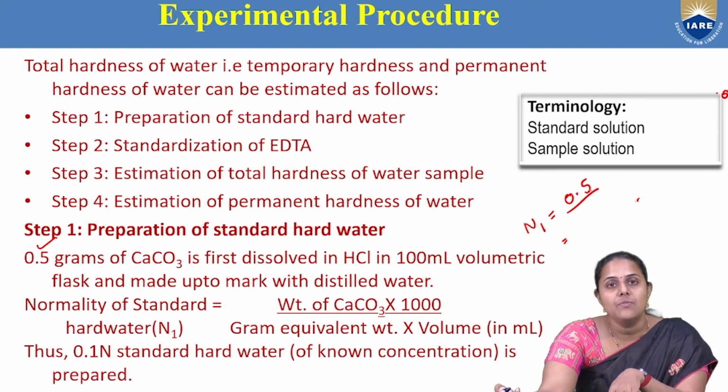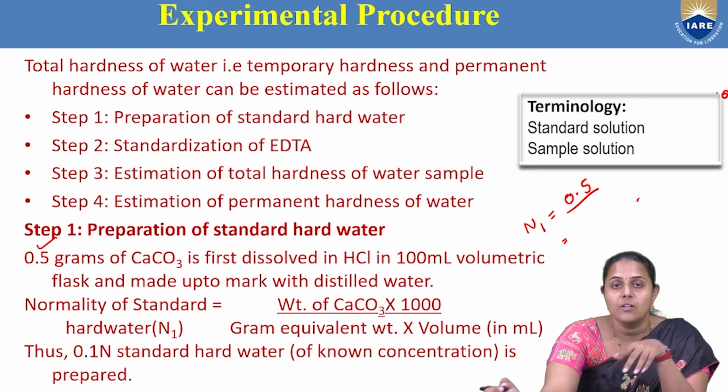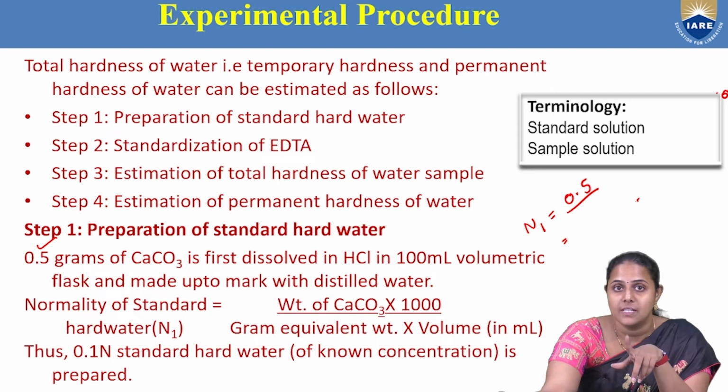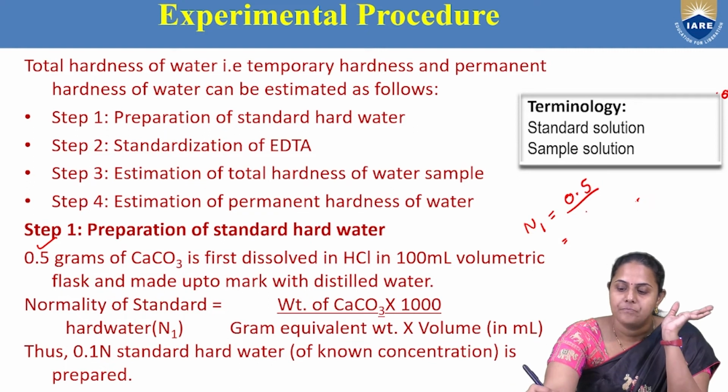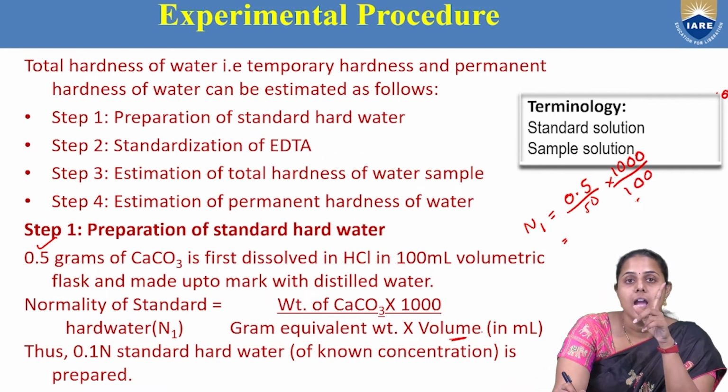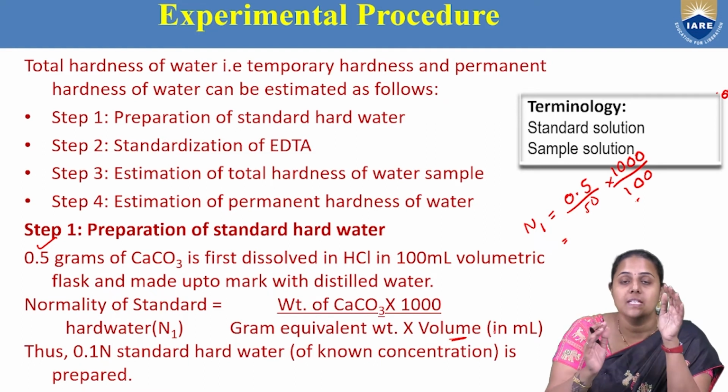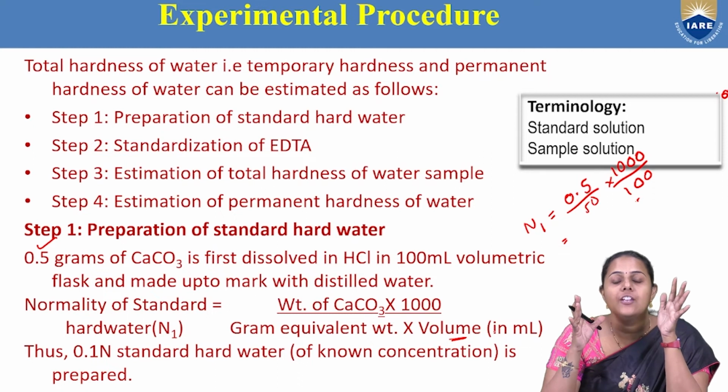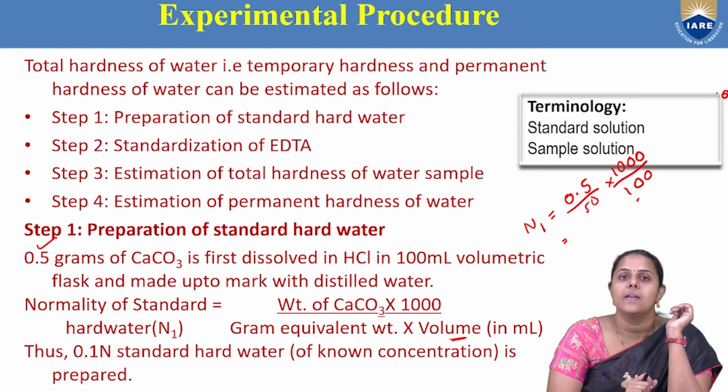What is the gram equivalent weight of calcium carbonate? 50. Gram molecular weight of calcium carbonate is 100. Gram equivalent weight of calcium carbonate is 50, into 1000 by 100. 100 is the volume of the solution, that is, we have taken a 100 ml volumetric flask and made it up to the mark, which means 100 ml of calcium carbonate solution we have prepared.